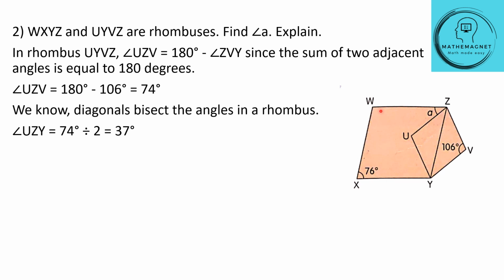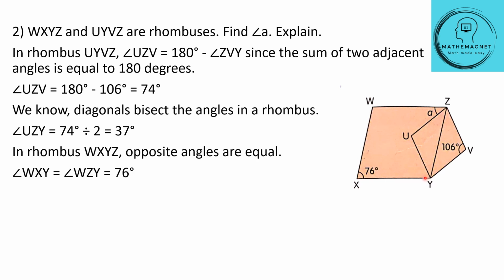Now we will consider the bigger rhombus, that is WXYZ. In this rhombus, as per the angle properties of a rhombus, opposite angles are equal. So which means angle WXY will be equal to WZY. Now we know WXY is equal to WZY, which is equal to 76.